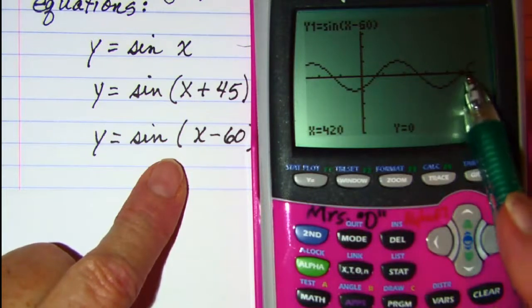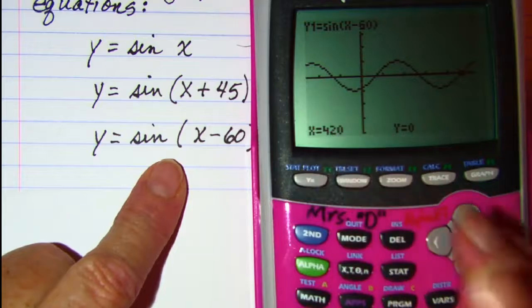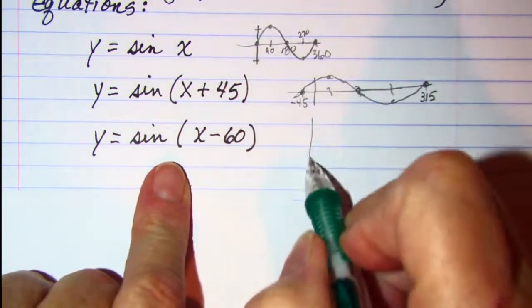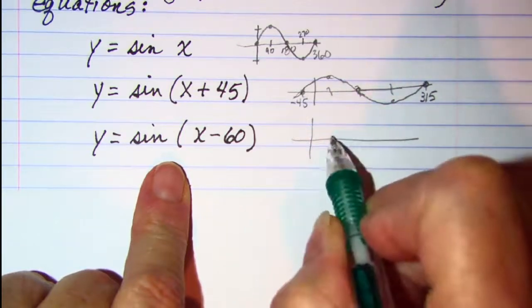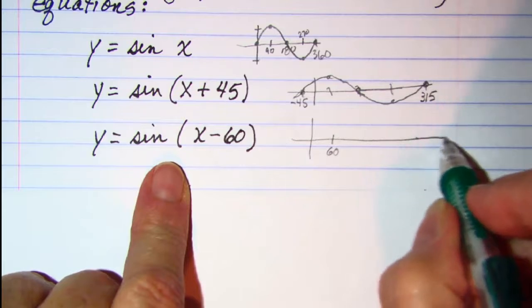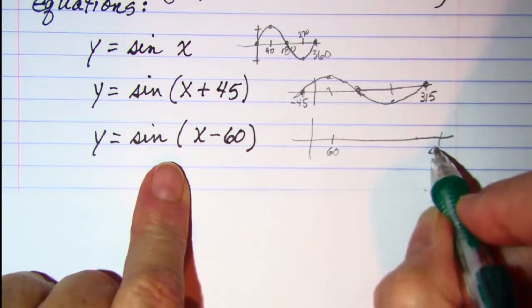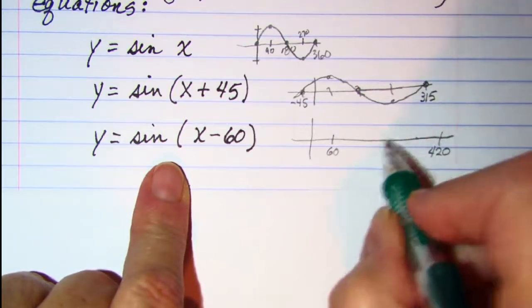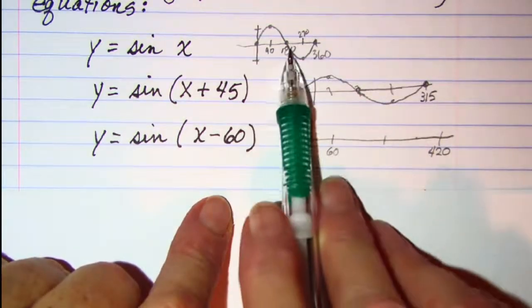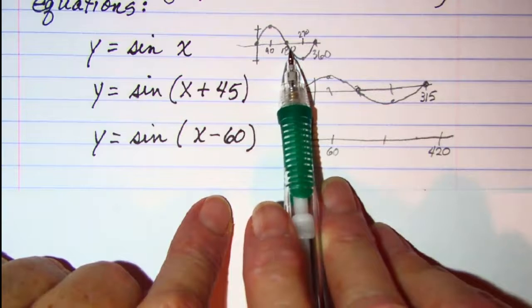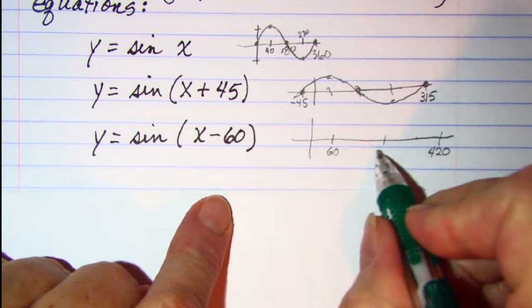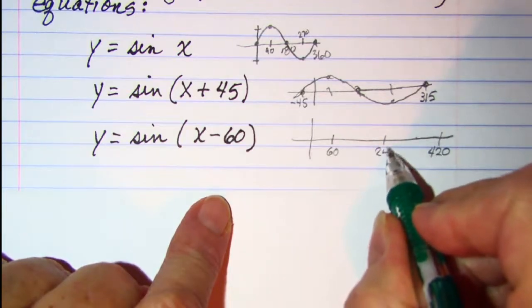So there's the end of it at 420 degrees. So the middle of our period was at 180. So if we add 60 onto that, that's 240. That would be where my middle is now.